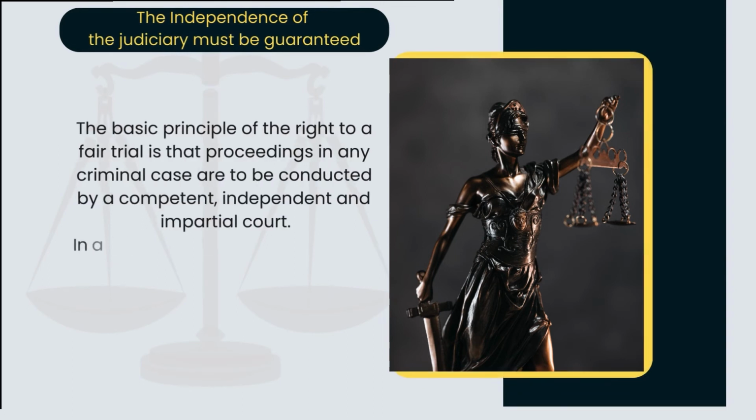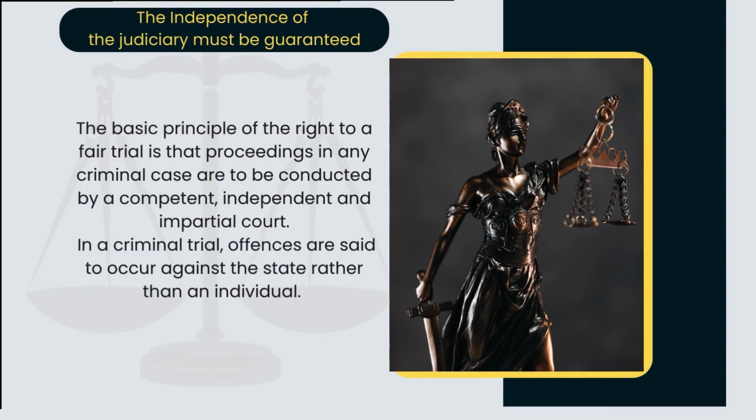For example, the basic principle of the right to a fair trial is that proceedings in any criminal case are to be conducted by a competent, independent and impartial court. In a criminal trial, offences are said to occur against the state rather than an individual.